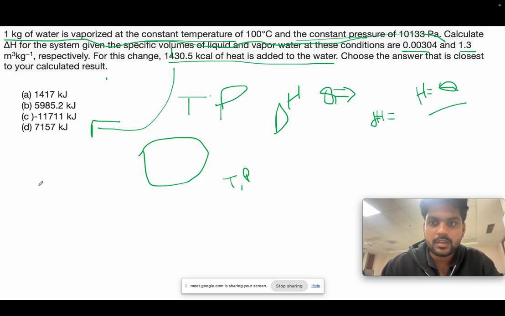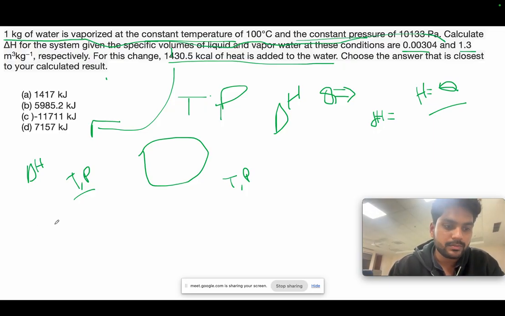So now we have the equation. We need to figure out delta H. They said it is a constant temperature process, so we can't take the temperature, and it is constant pressure. So we have two different terms as constants. So calculate the delta H for the given system.